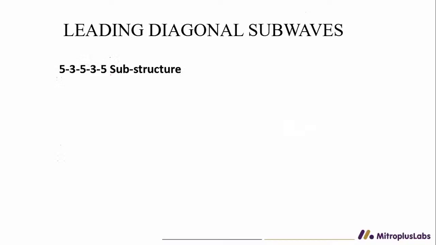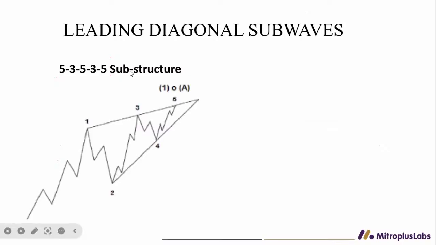So what we're doing is just to look at these waves further, meaning the overlap in the price territory and the subwaves of those individual waves. You'll notice that your wave A is going to have 5.